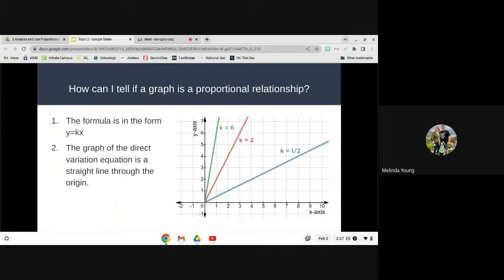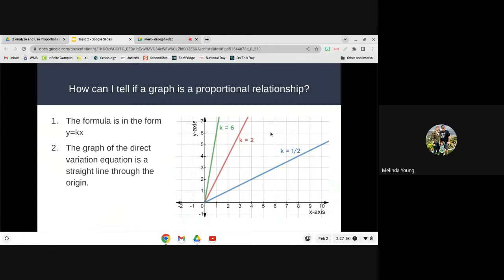So you would say that is not a proportional relationship, okay? So the other way is to look at the actual graph. A proportional relationship is always going to be a straight line through the origin. So it's going to start at 0 and it's going to come out in a straight line. No curves. It's not going down like this. It's coming out of 0 and going up positively. Okay.